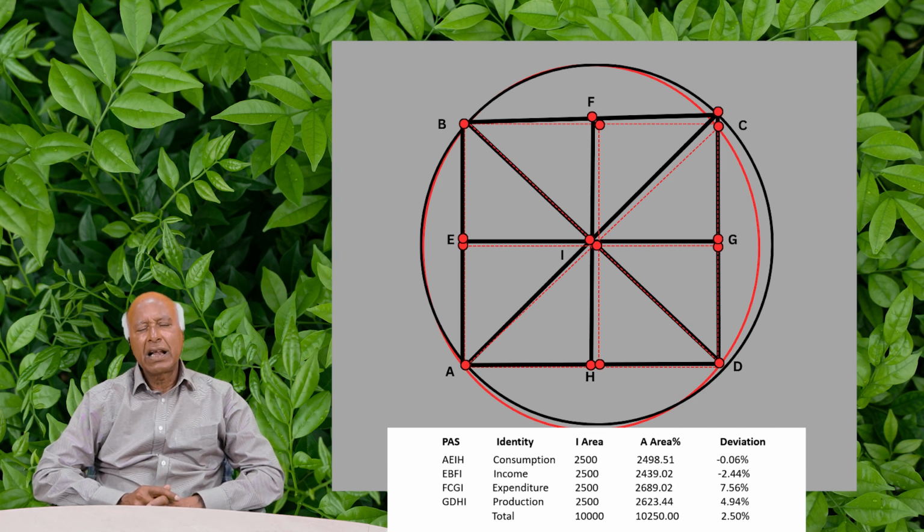Now the mathematical calculations are made and presented to you, also calculating the percentage value, the total area, as well as the deviation in terms of percent, if we want to validate it by any other value.